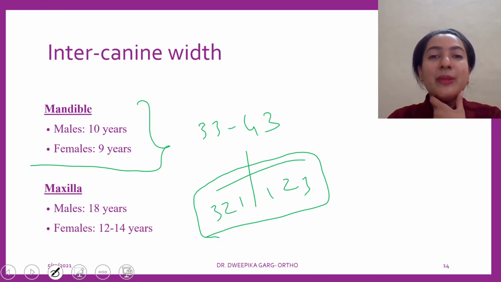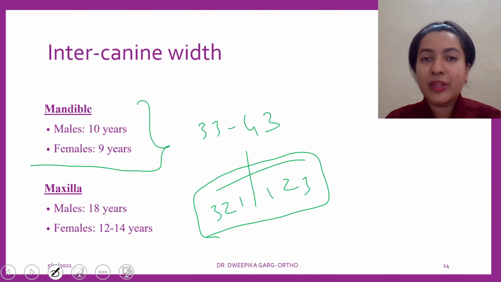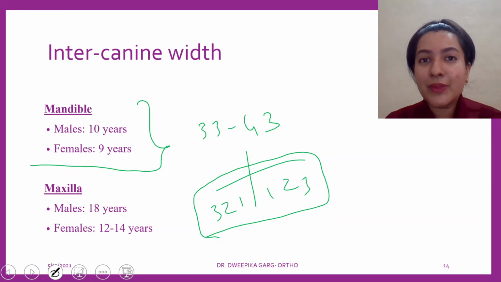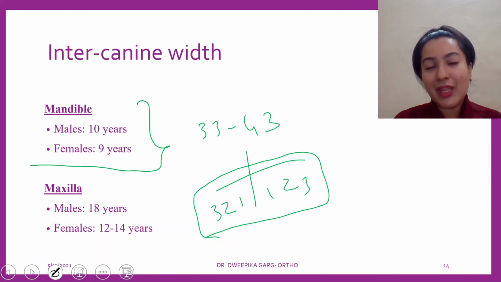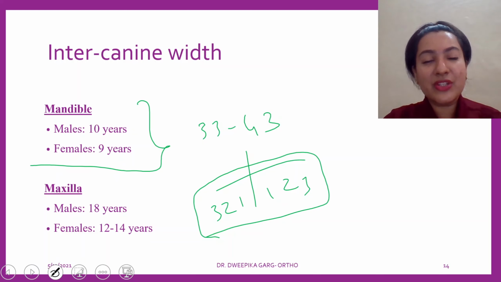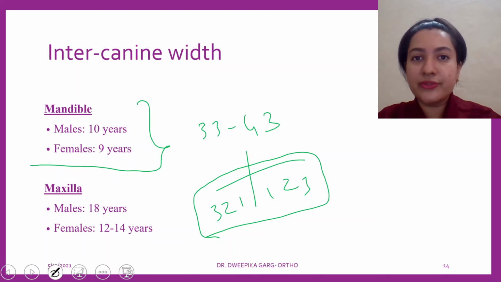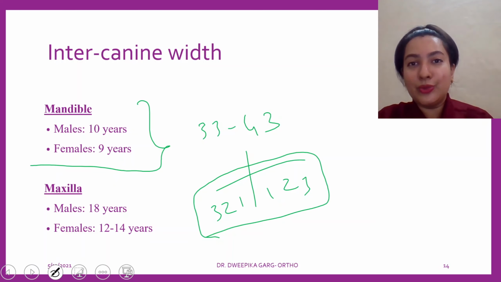Because when my mandible grows ahead, its intercanine width has already been established. Now it is moving forward, growing horizontally, so my maxilla adapts to that by delaying its own growth. The maxilla just sits behind and relaxes. It tells the mandible, you complete your growth first, you establish your intercanine width.